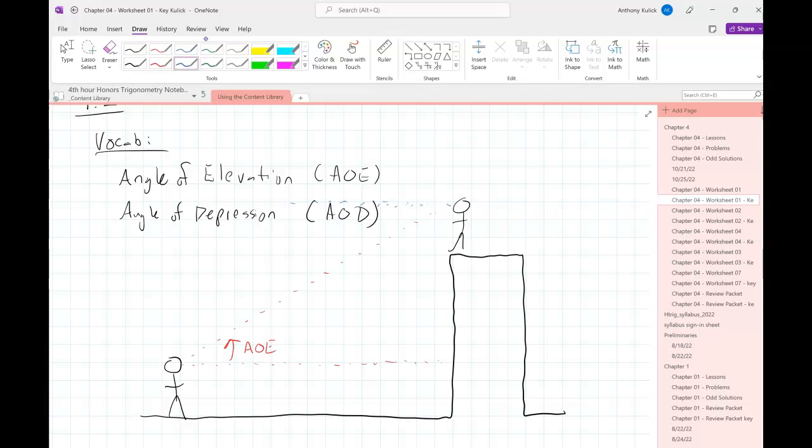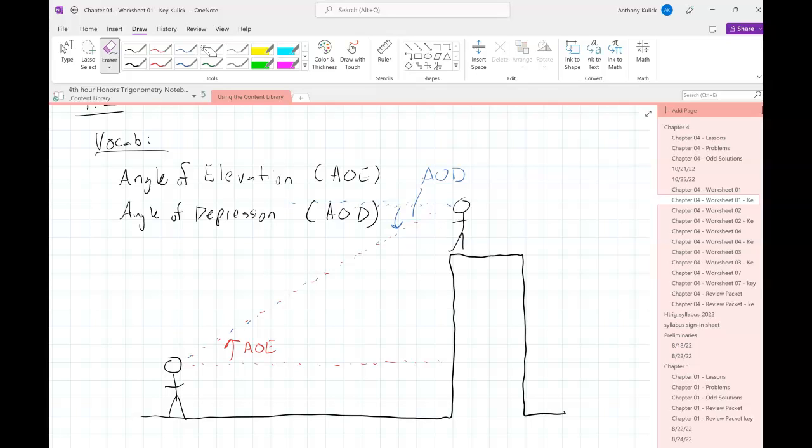If they turn and look down, this angle here is an angle of depression. Everybody cool with that? What mistake do you suppose students make? You put that angle in the triangle as the angle of depression. Not the same thing. When we give you an angle of depression, you put it in the triangle where I put the star. That's wrong.